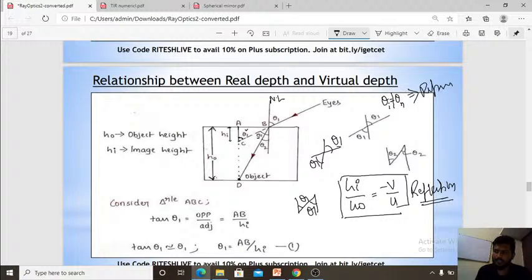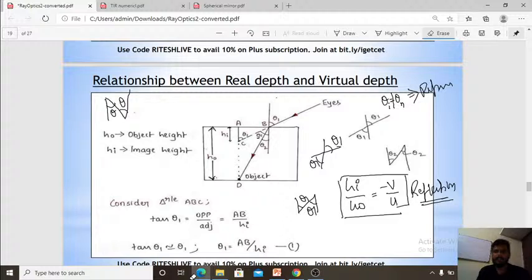Hope you understood, right? Alternative angles, from mathematics, is nothing but if you have an angle of theta here, here also the angle will be the same.